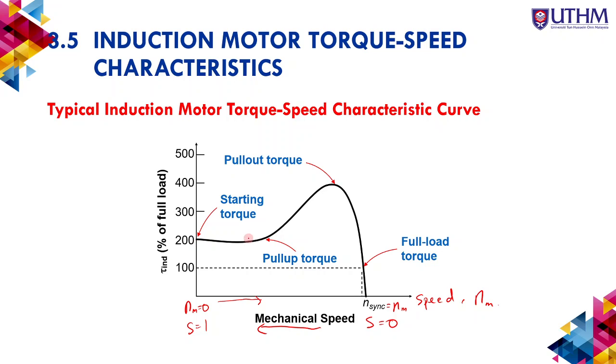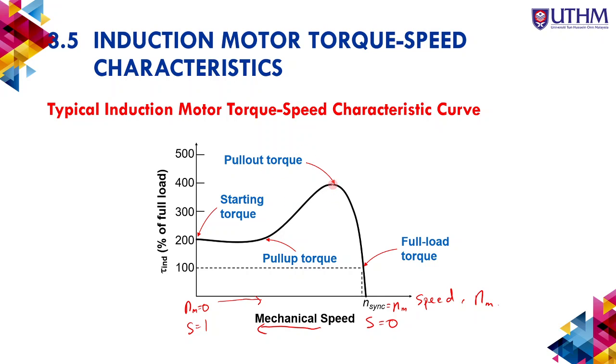Then the motor will start to rotate until the maximum induced torque, or the other name for Tmax, the pull out torque. Later on we will see the pull out torque.